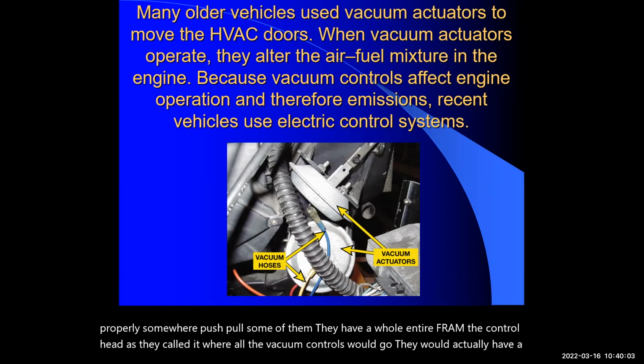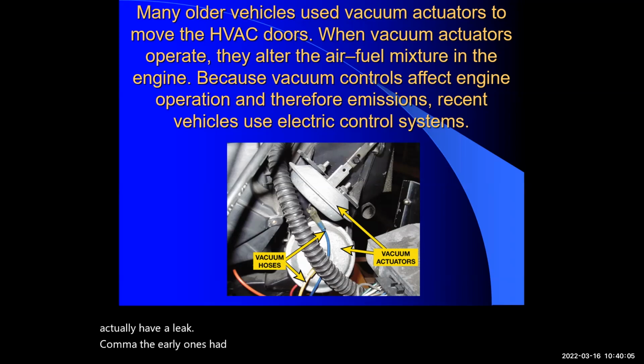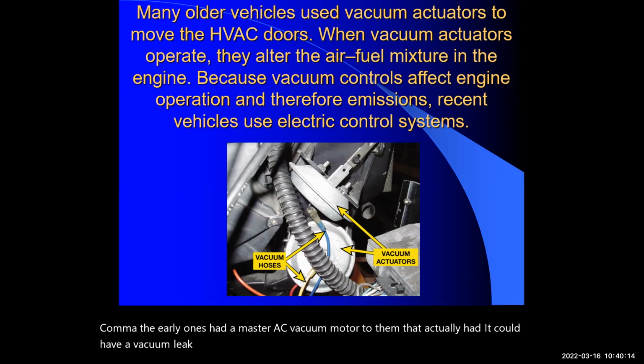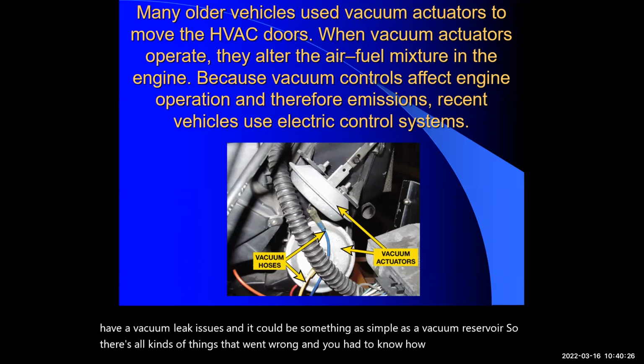Some of the early ones had a master AC vacuum motor that could have vacuum leak issues, and it could be something as simple as a vacuum reservoir. There were all kinds of things that went wrong, and you had to know how they worked so you could correct them properly.